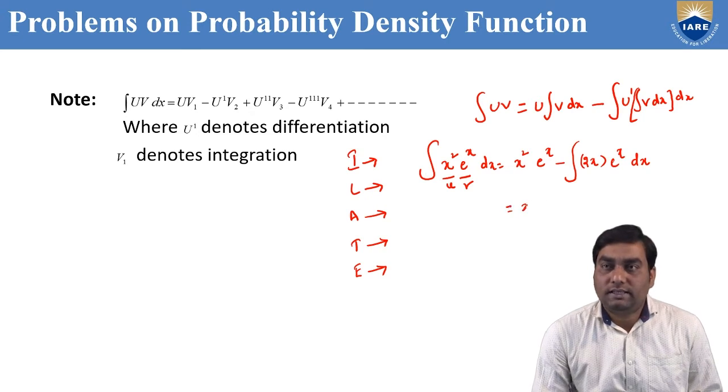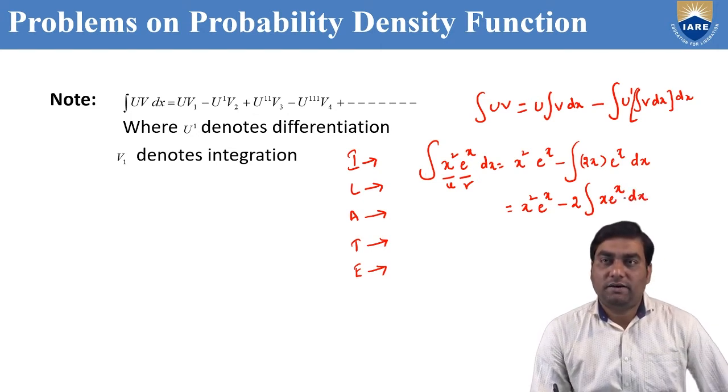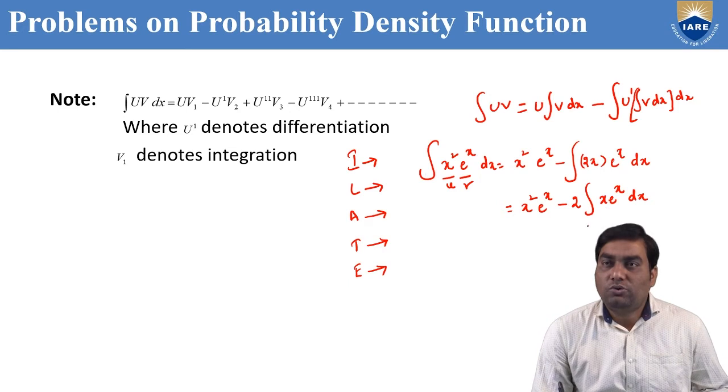So this is x square e power x minus 2, the constant we can take outside, again we have the integration of x e power x dx. How to solve this integration? Again we are going to use the uv method.